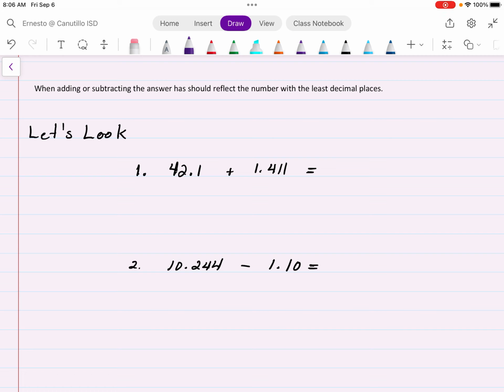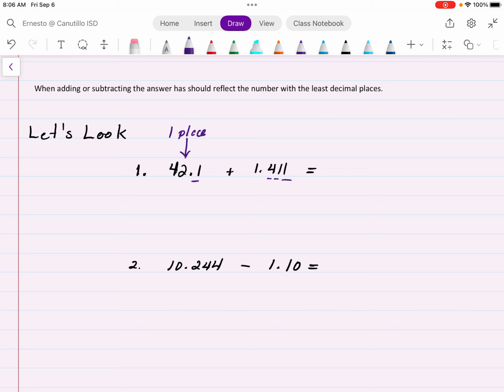The first one says we have 42.1 plus 1.411, okay? So this one has one decimal place, or one digit to the right of the decimal, and this one has 3 decimal places. The least accurate number that we have is going to be this one, and this one only has one place. So because it has one place, our answer can only be to one decimal place.